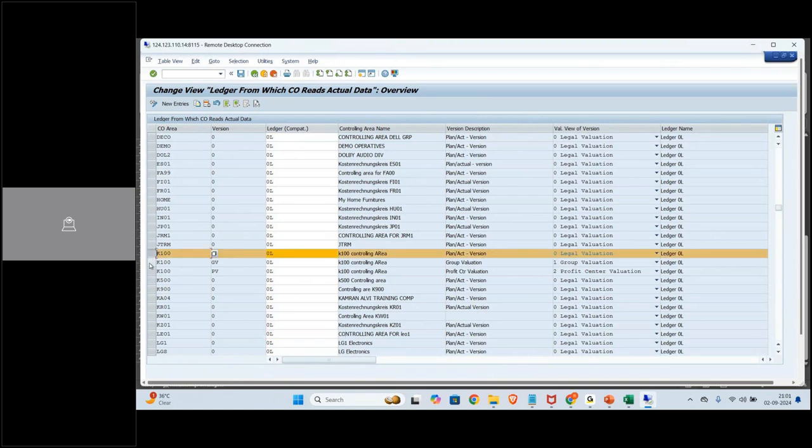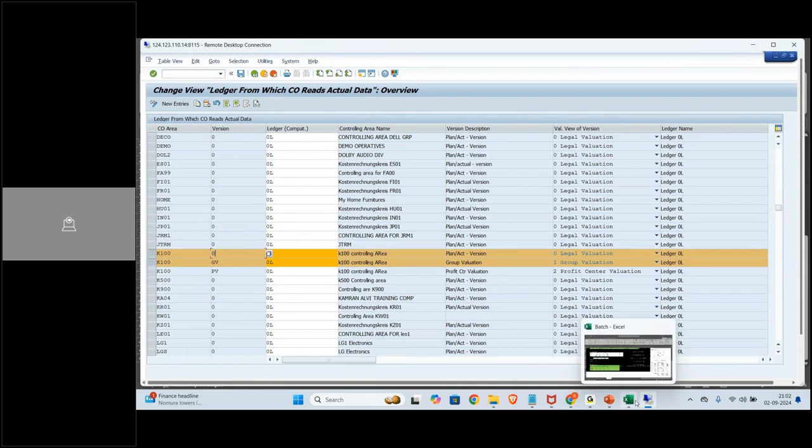For the same ledger, I have assigned group valuation and profit center valuation. But again, planning can happen only in the main version, version 0. Understood, Rishikesh? Rajan, if you have a different thought, please do share. I welcome learning from you also.